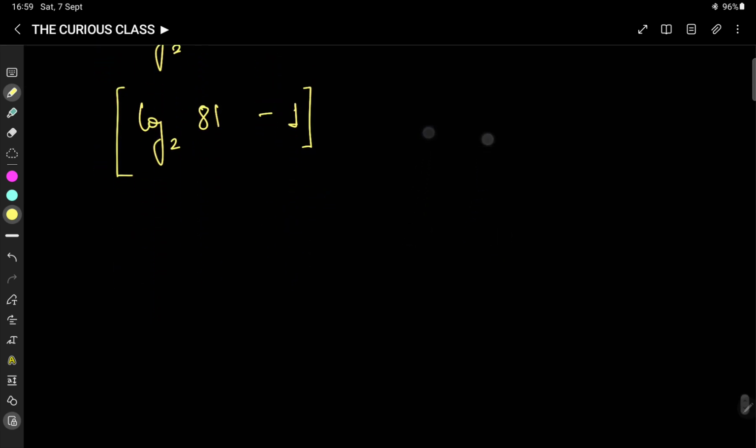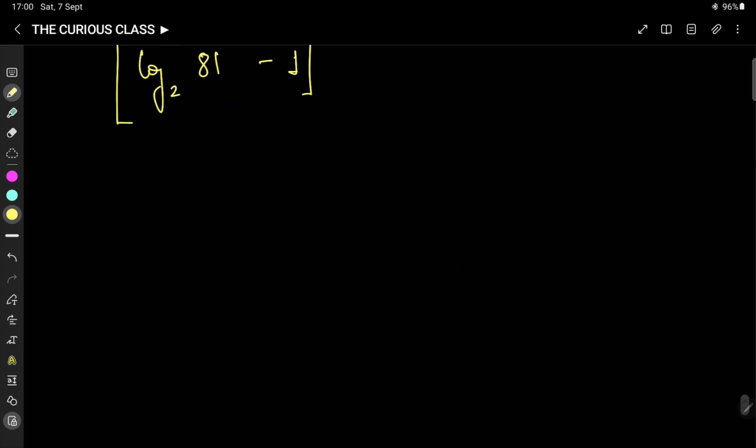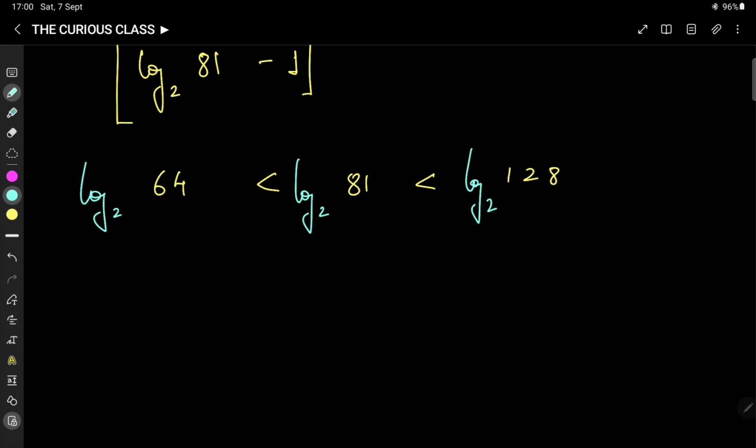So for the boxed value we need to check the value of this log. Since we know that 81 lies between 64 and 128, why am I taking 64 and 128 particularly? Because they are powers of 2. Then upon applying log base 2 everywhere, I can see that log 81 base 2 lies between 6 and 7.